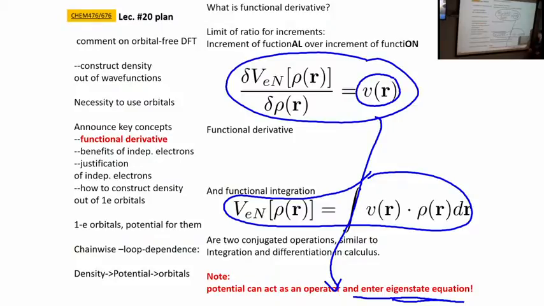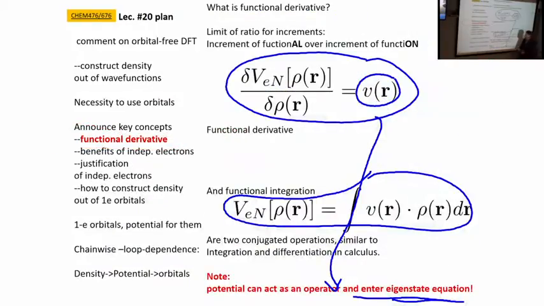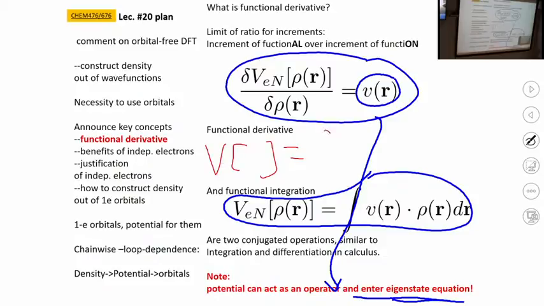But in some sense, this can be written as V, the potential, integrated over rho.